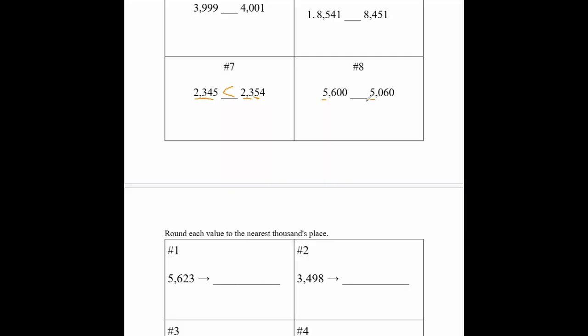So 5, 5, but 6 is greater than 0, so 5,600 is greater than 5,060.